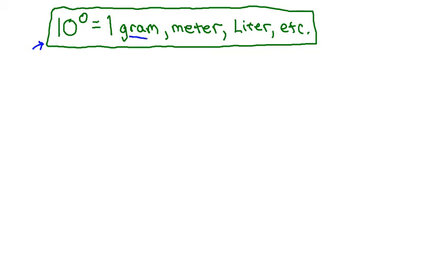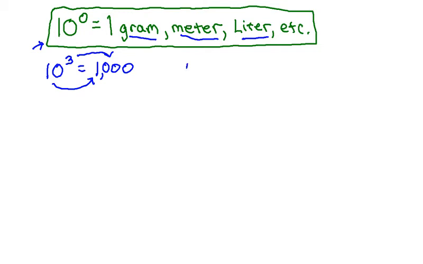And so that would be 1 gram, 1 meter, 1 liter, or anything metric. Now, as we've gone over, if you have 10 to the power of, let's say, 3, that just means you carry the 1 over in the front, and then you have 3 zeros following. 1, 2, 3. So 10 to the third is 1,000.